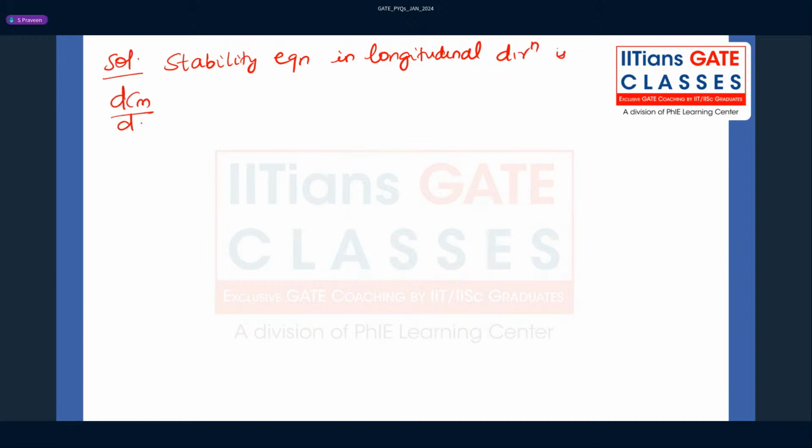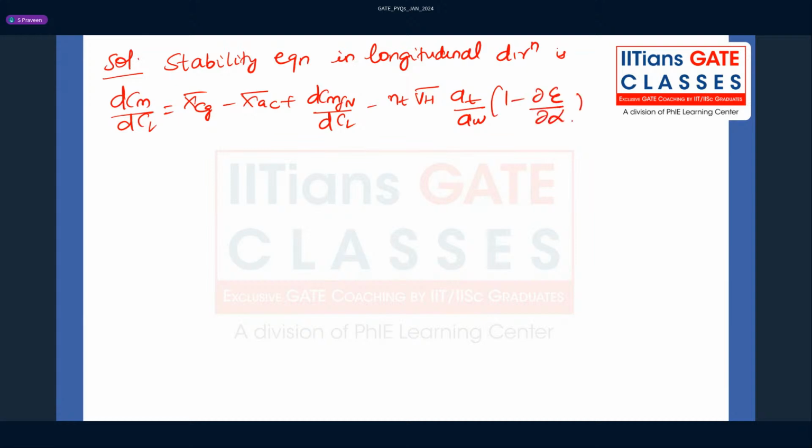dCm by dCl is equal to xcg bar minus xac bar plus dCm_fn by dCl minus eta_t V_H bar a_t by a_w times (1 minus dε by dα). Where xcg bar is, let me just put that in words, the normalized distance, which is the ratio of the distance of the CG from the leading edge to the chord of the airfoil.